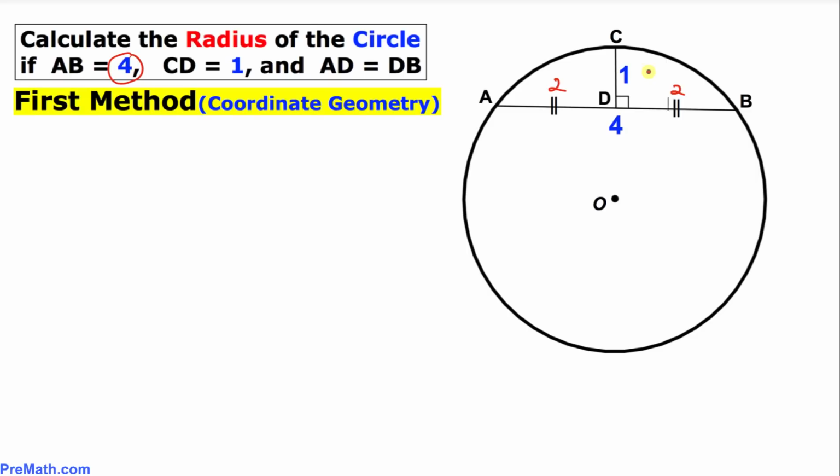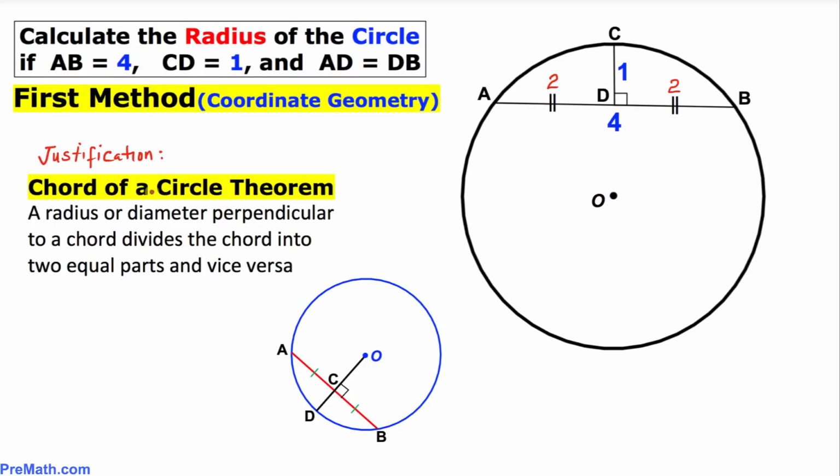Just keep in mind. And here is our justification according to the chords of a circle theorem. As you can see, this radius is perpendicular to this chord, so therefore these two segments are going to be 2 each. Just keep in mind.